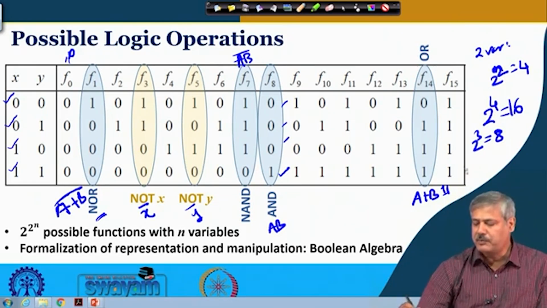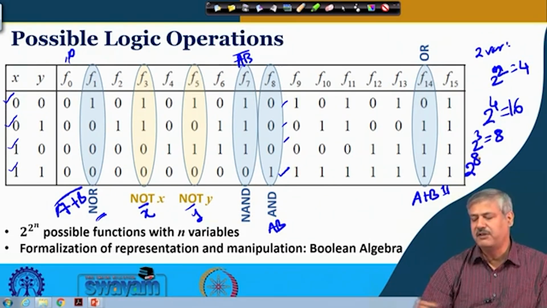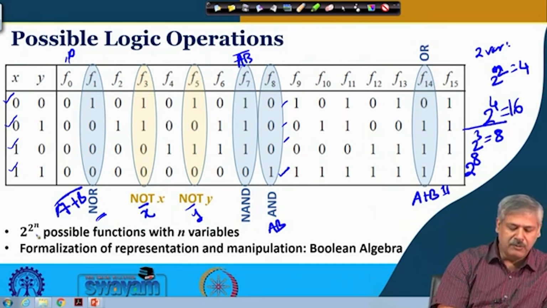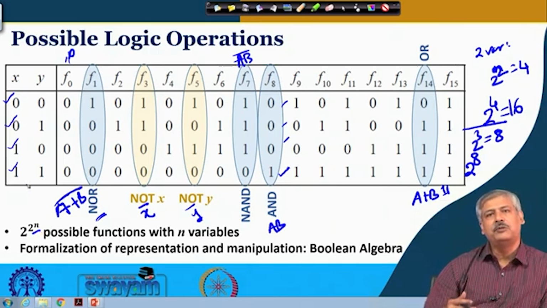So, 2 to the power 8 such possibilities will be there for 3 variables, okay. For any n variable case, the number of rows will be 2 to the power n, right, and with that you can have 2 to the power 2 to the power n possible arrangements in the form of Boolean functions, okay.